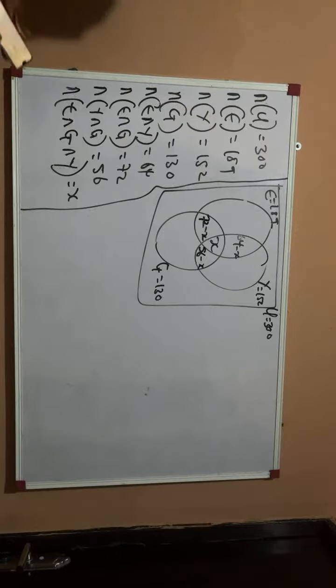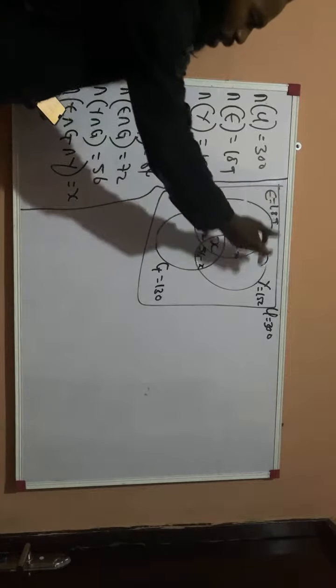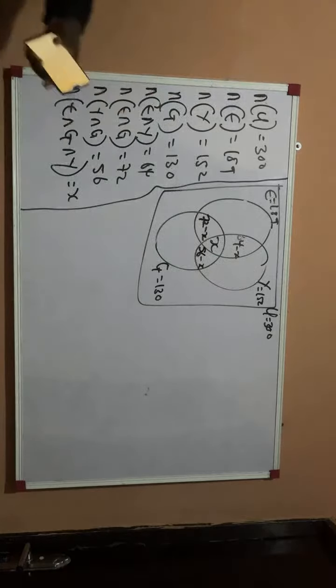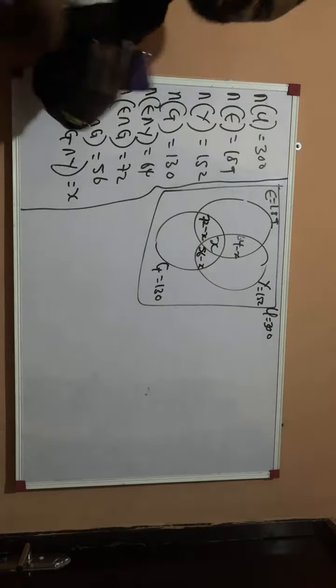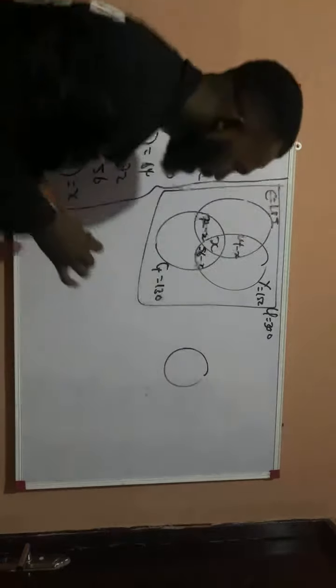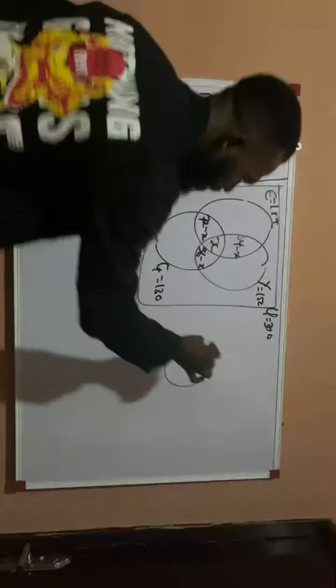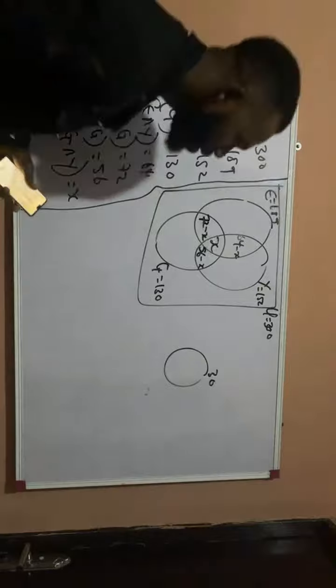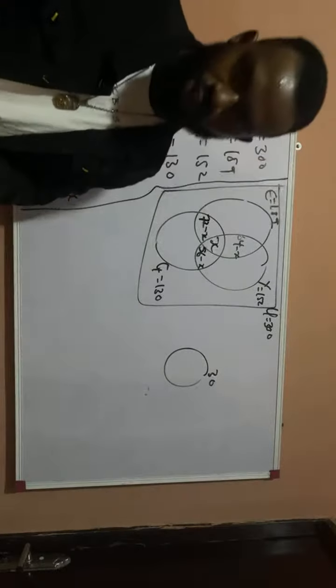Now the next part we have left is effic only, Yoruba dances only, and guape dances only. Now how do we go about solving this? Let us imagine that in a circle we have 30 balls, and these balls are of different colors.